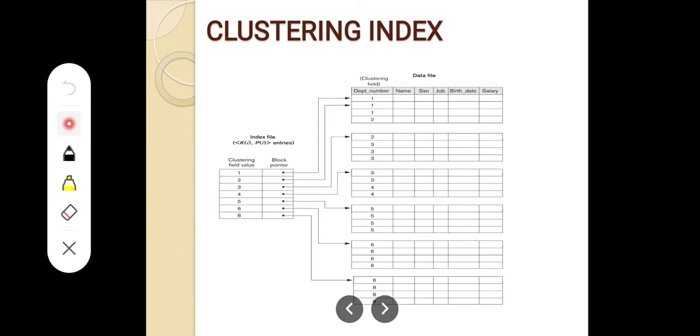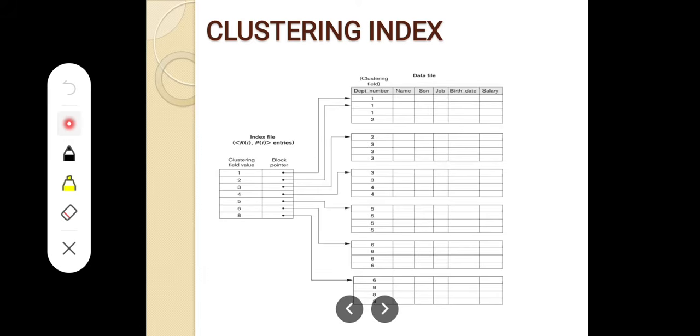What is the speciality of this clustering field value? In the data file's clustering field we have repeating values, but in the index file the clustering field value does not have any repeated values.